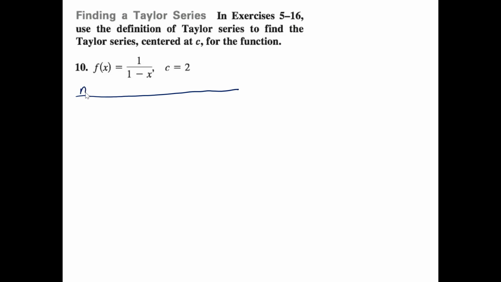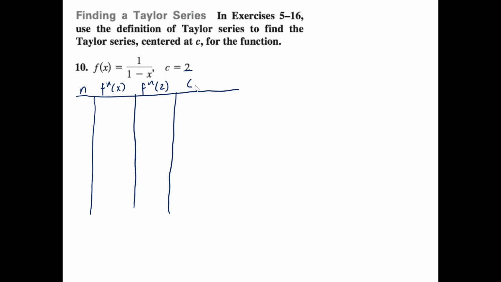All right, so this is the table that I was making before. n, the nth derivative evaluated at x, and then the nth derivative evaluated at 2. And then that will give you your coefficient.